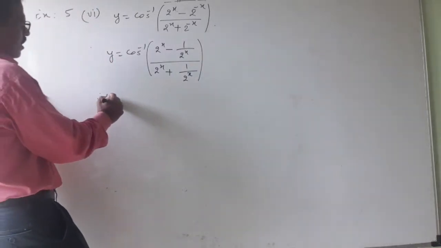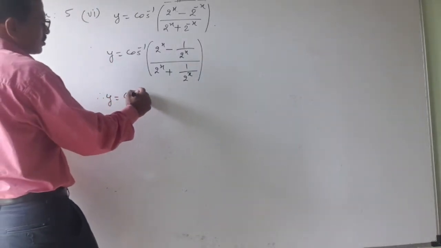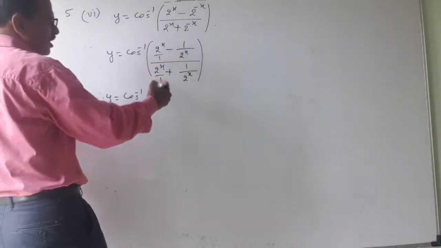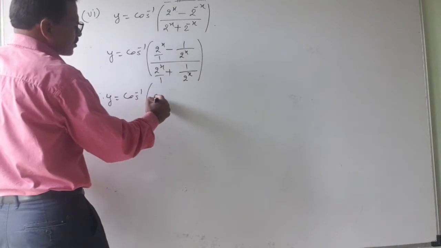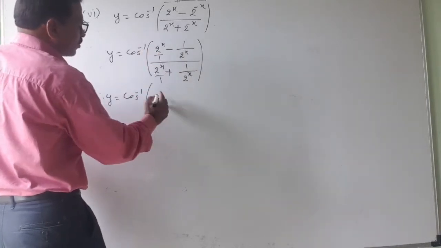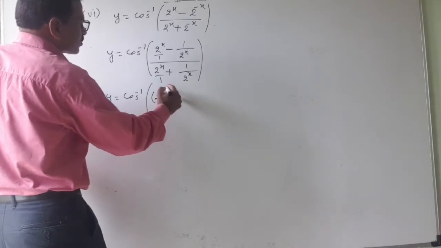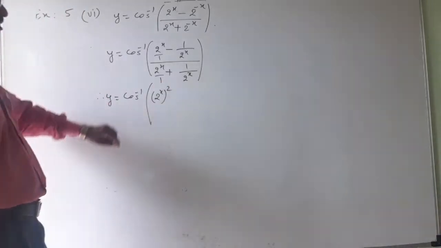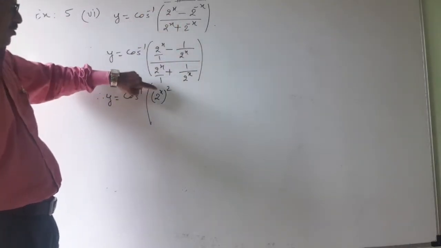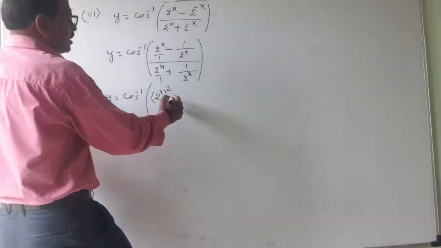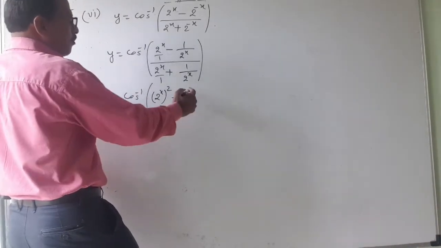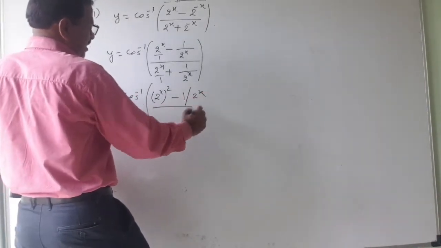Therefore y is equal to cos inverse of, now do the cross multiplication. 2 raised to x into 2 raised to x is 2 raised to x its square. Check it. Minus 1 upon, for this there is 2 raised to x.